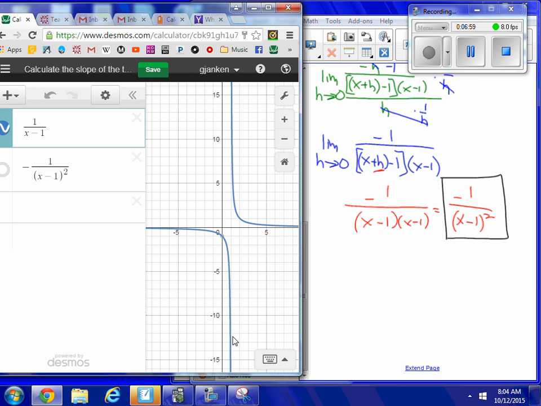Even on the other side of the asymptote it's extremely negative up here, still negative here, and it's staying negative even as my limit approaches infinity.